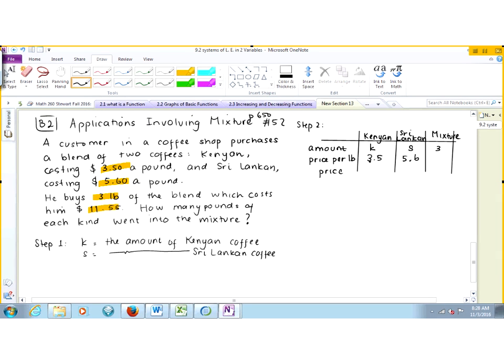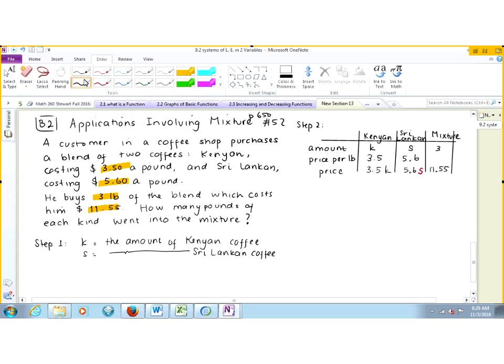For Kenyan, if it is 1 pound, he's going to pay $3.5. If it is 2 pounds, it's going to be $7. So for K pounds, that will be 3.5 times K, and this will be 5.6S. And the total price of the mixture is 11.55. This is 5.6S, letter S.